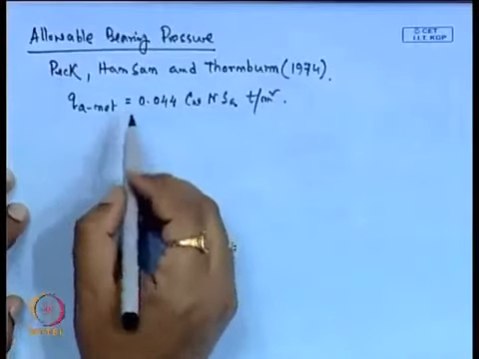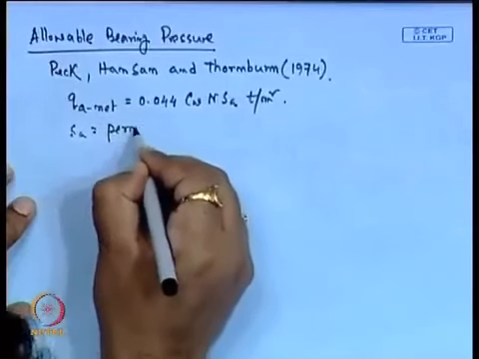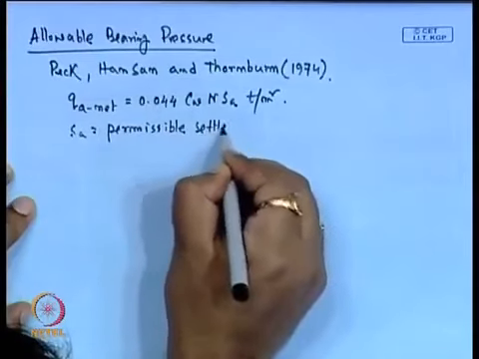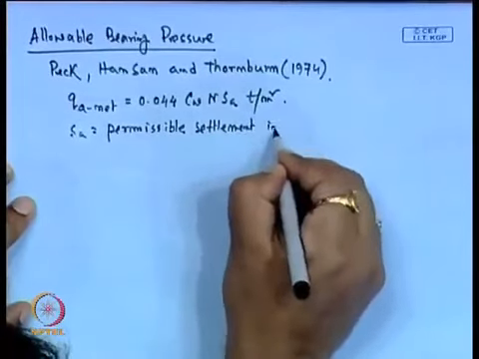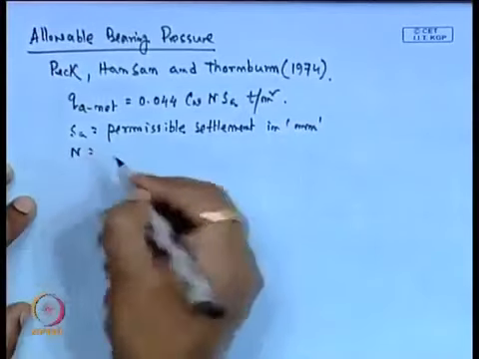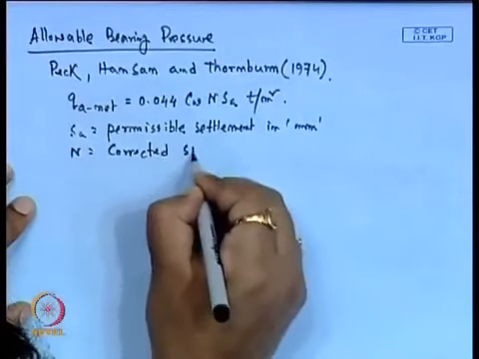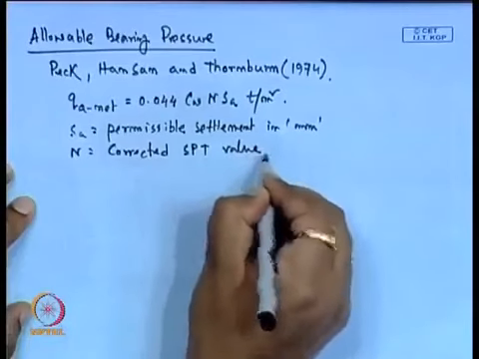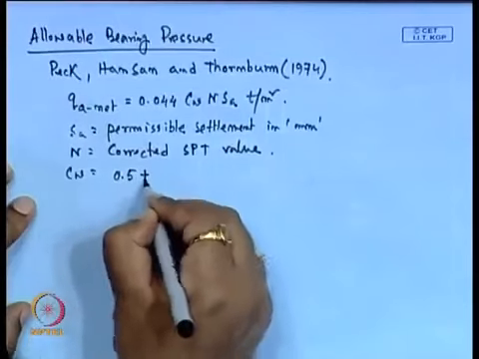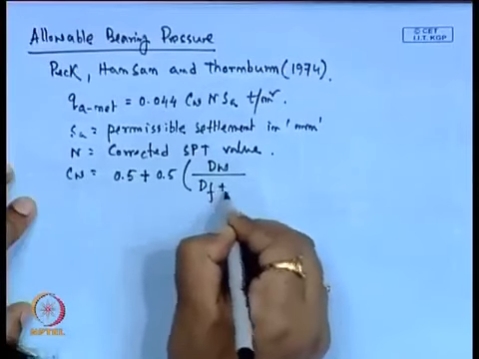This is considering the settlement consideration. SA is the permissible settlement in millimeter, and N is the corrected SPT value, and Cw is the water pressure correction, that we will consider 0.5 plus 0.5 dW by (dF plus B).